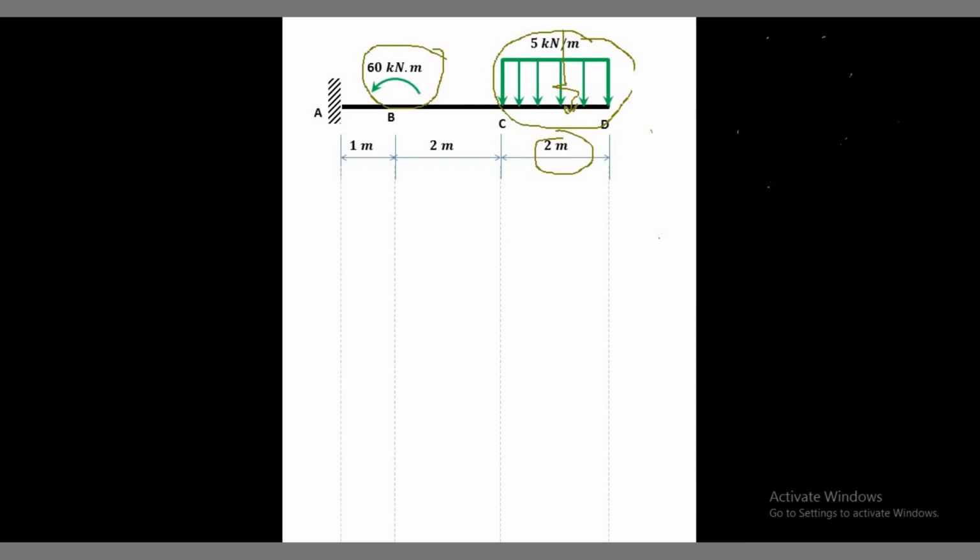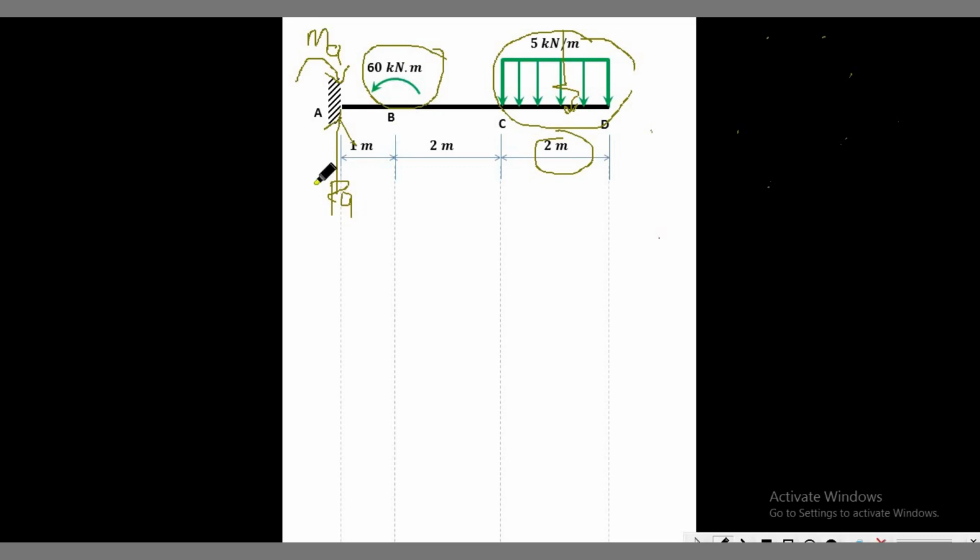Okay. So, for this diagram, at that moment, this is MA, right? Then, at that point, RA.